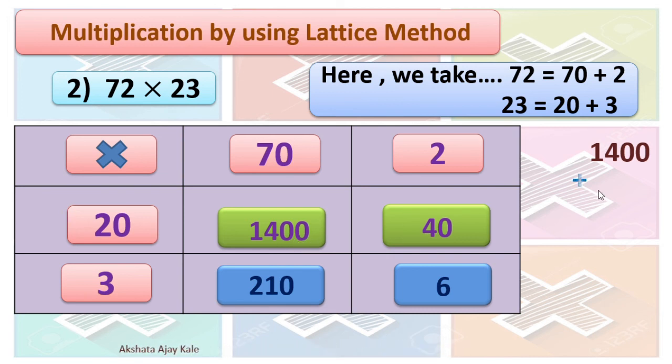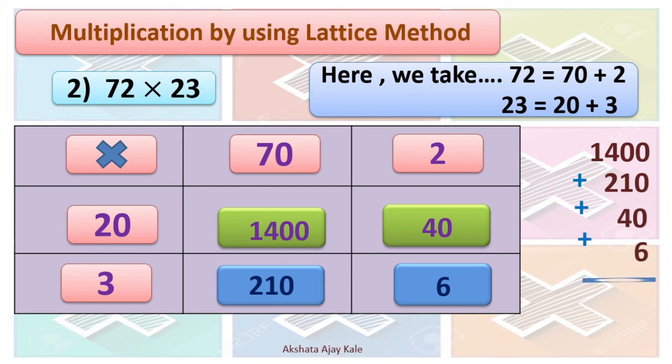1400 plus 210. This has 4 digits. 210 has 3 digits. See how to write like this, okay? Don't make mistake while writing the numbers while doing the addition, okay? Plus 40 plus 6.